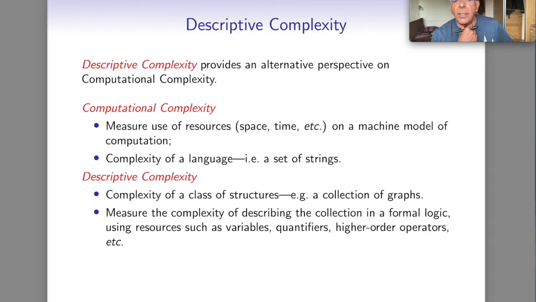And then we measure the complexity of describing the collection in a formal logic, using resources such as variables, quantifiers, higher order operators, etc. Note, you could use a machine model here as well, and I mentioned in the first lecture relational machines as ones which work directly on structures without an encoding into strings, and you can talk about the complexity of those, but it turns out that there's nice equivalences between that and definability in logic, and I will say something about that later.